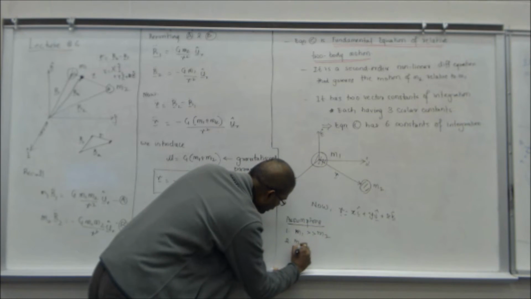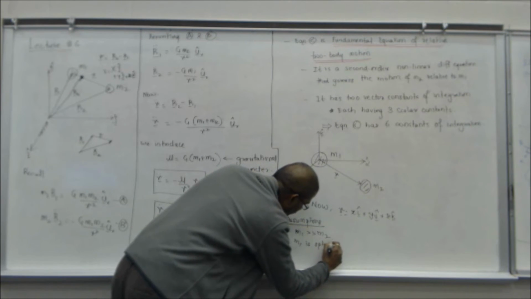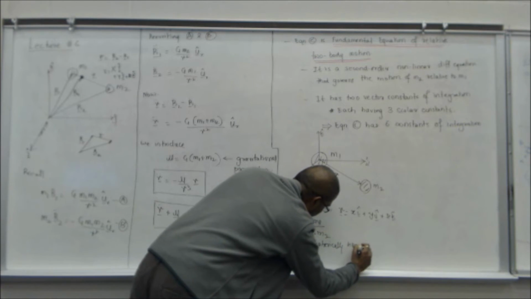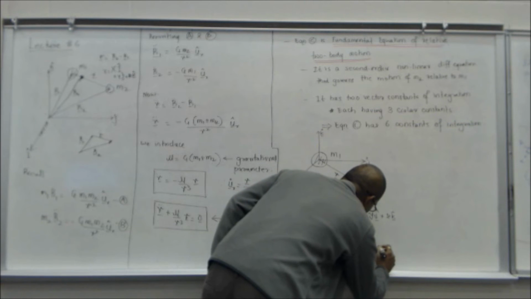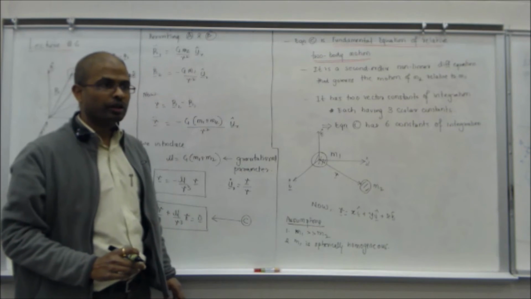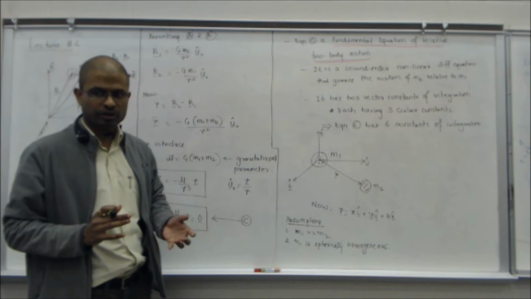Two, M1 is spherically homogeneous. You understand what spherically homogeneous is? Yes. A perfect sphere or something. Right. A perfect sphere with everything distributed homogeneously. It's a perfect thing.